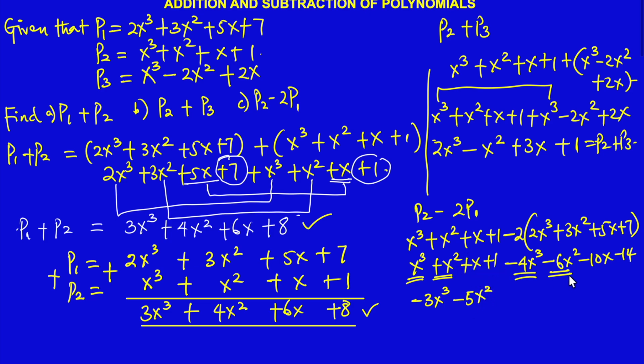Then plus x minus 10x, you have minus 9x, and then 1 minus 14 seems to be minus 13. So you can just leave it this way, or since you can say that negative is common all through, you can just bring it out. Then you have the rest of the terms in the parentheses to be all positive.